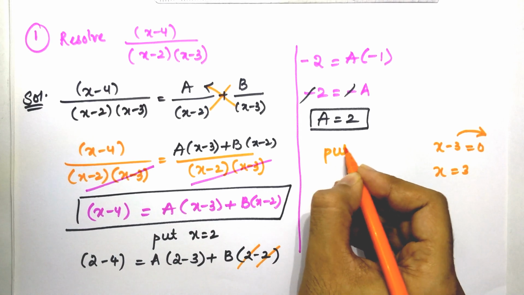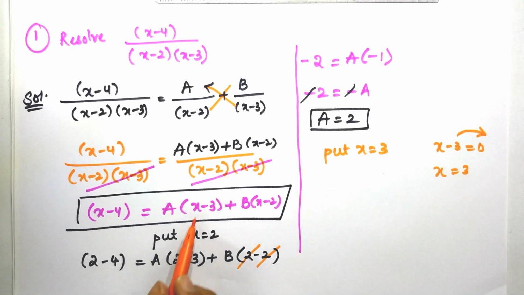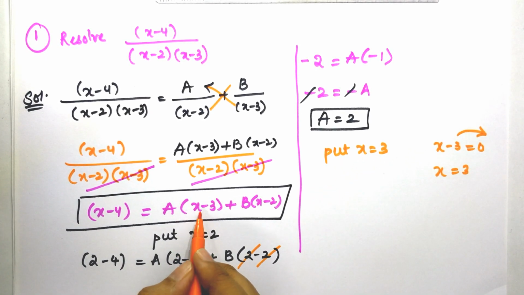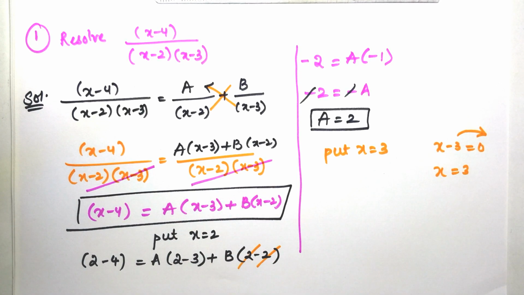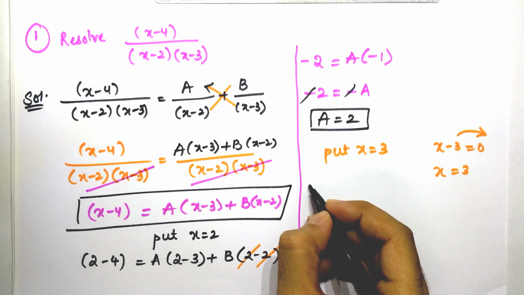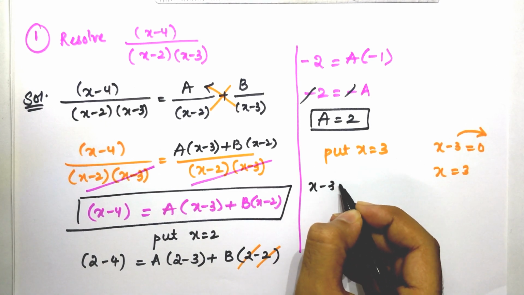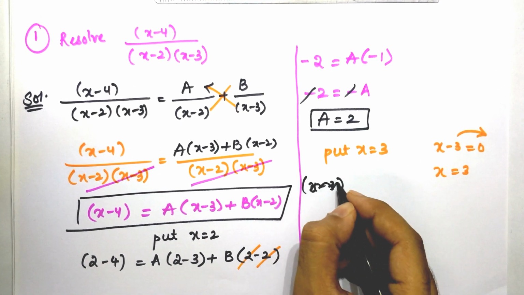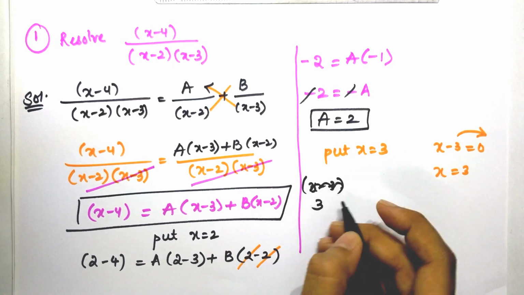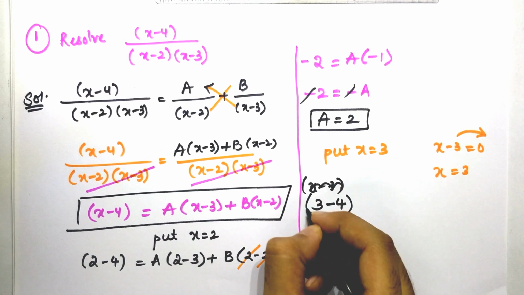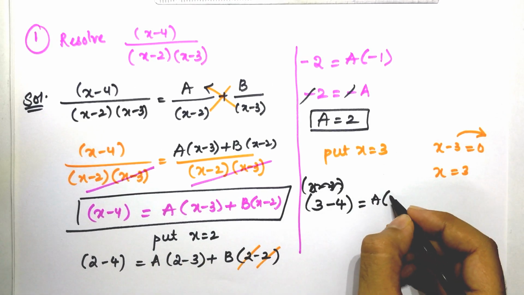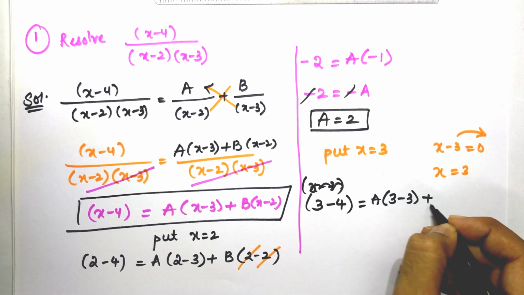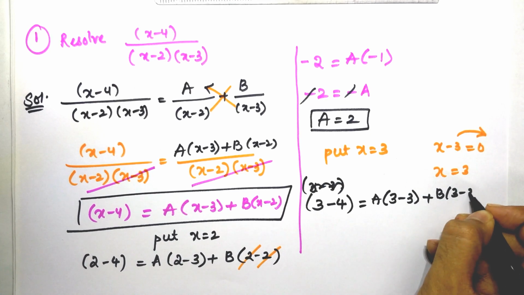So put x equal to 3 in the equation. Here you can see, the moment I substitute the value of x as 3, the a term goes off. Instead of x, I need to write 3. So 3 minus 4 is equal to a into (3 minus 3) plus b into (3 minus 2).